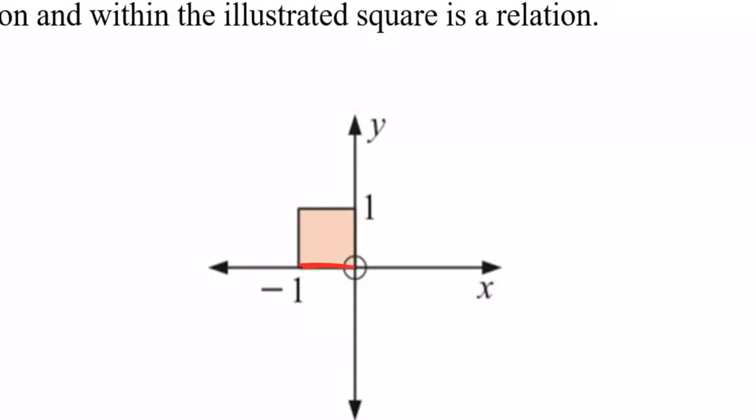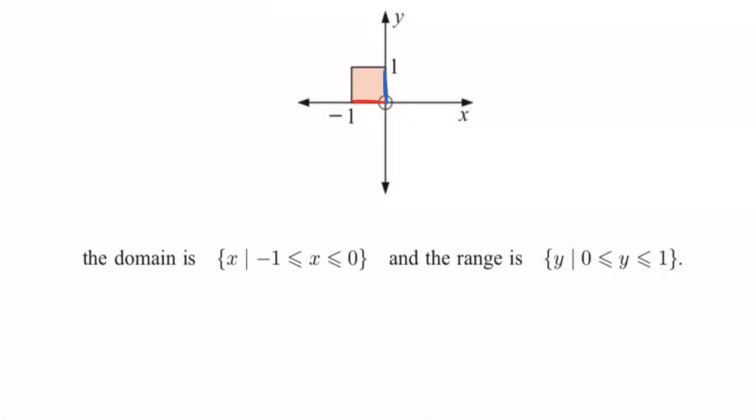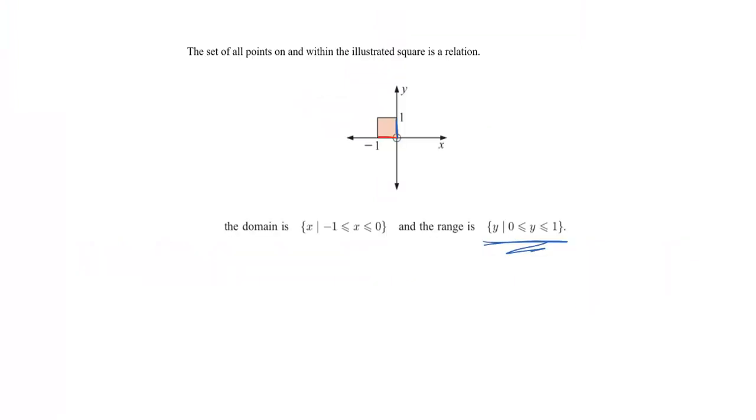The range is the possible y coordinates, the output. So of course, the range is going to be the numbers between 0 and 1. So how do we write that? Let's just double check. We write the domain is x such that x falls between -1 and 0 inclusive. The range is y such that y falls between 0 and 1. And that notation there is really important.